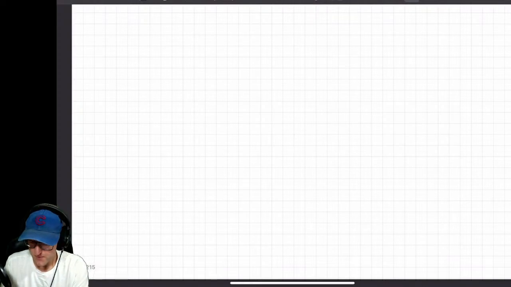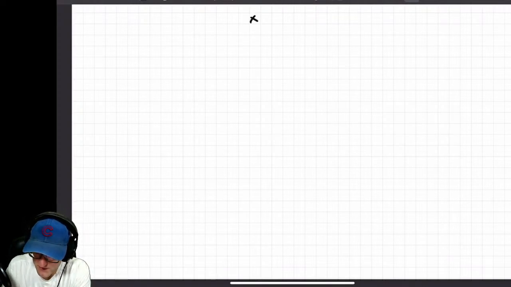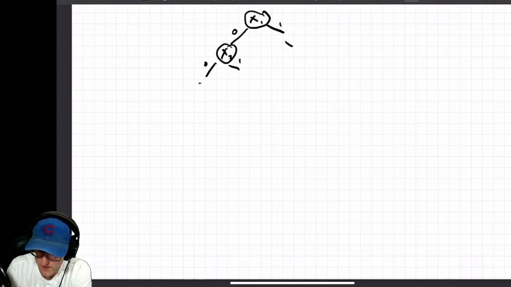Now, I've written this out before, when we were looking at a brute force solution. So x1, you can make that into a 0 or a 1, right? x2, you can make that into a 0 or a 1.